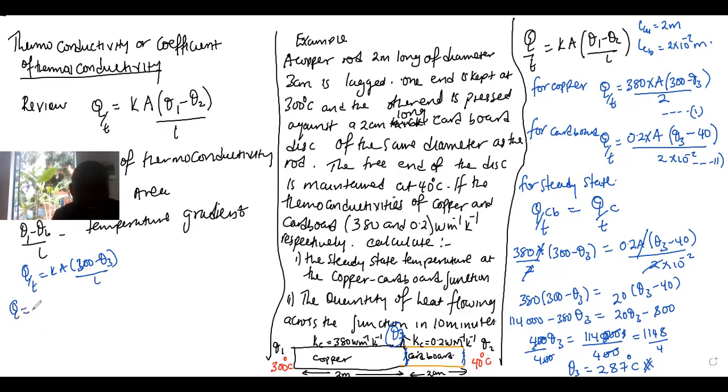So you make Q the subject, which will be 380 times the cross-section area, which is 22 out of 7 times 1.5 times 10 power negative 2 squared, that is the radius squared, into 300 minus 287 divided by the length of the copper, which is 2 meters, times the time, which is 10 times 60 seconds.